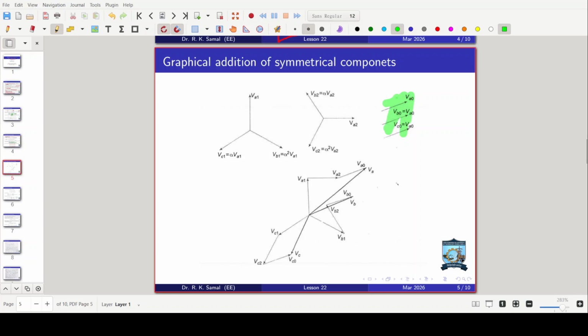Whereas this one and this one represent ABC and ACB phase sequence, and this shows how a particular voltage VA is the addition of VA1 positive sequence, VA2 negative sequence and VA0 zero sequence. Similarly for VB and VC.